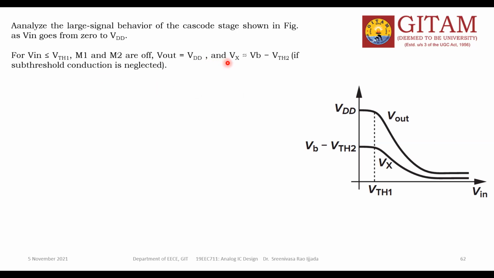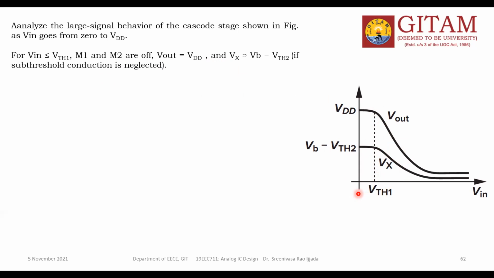You can find this is the Vout curve and this is the Vx curve. Earlier, whenever the input voltage is 0, your Vx, the voltage at node x, is equal to VB minus VTH2. Already we calculated. It will be maintained up to VTH1. Once the input voltage is above VTH1, the M1 device will go into saturation.